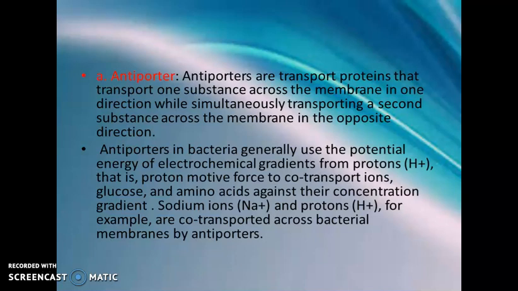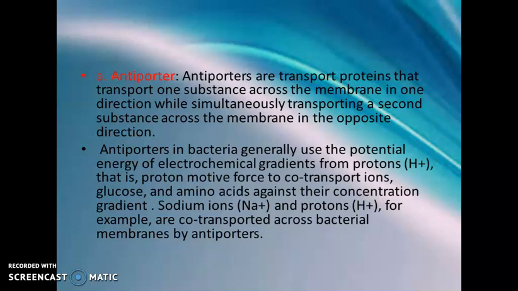Sodium ions and protons, for example, are co-transported across bacterial membranes by antiporters. So using this antiporter mechanism, both the sodium ions and the protons, that is H plus ions, are co-transported across the bacterial membrane.